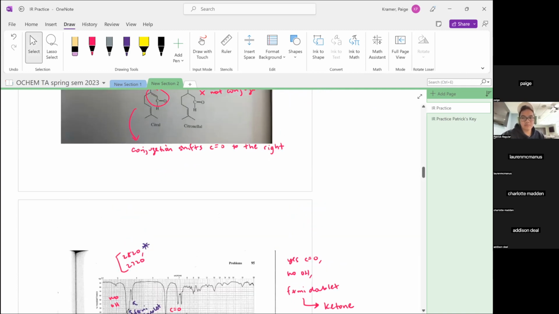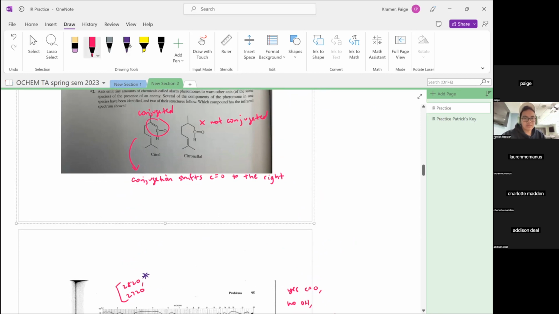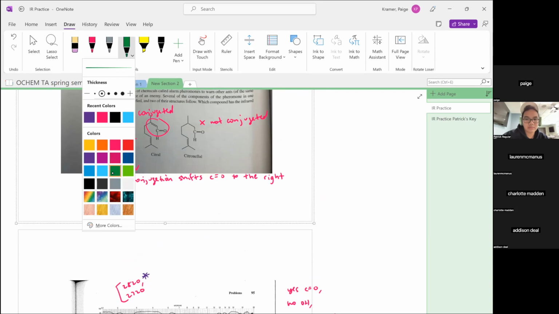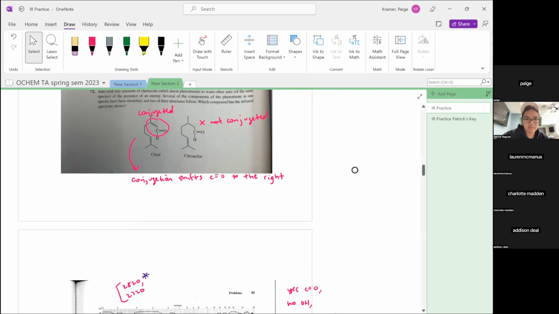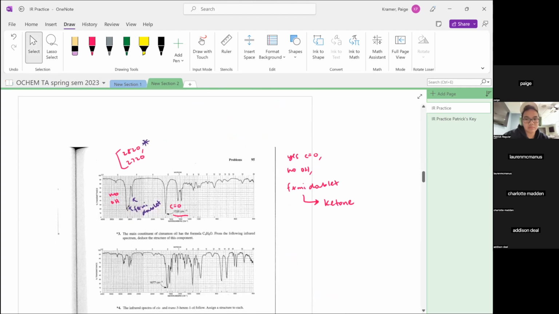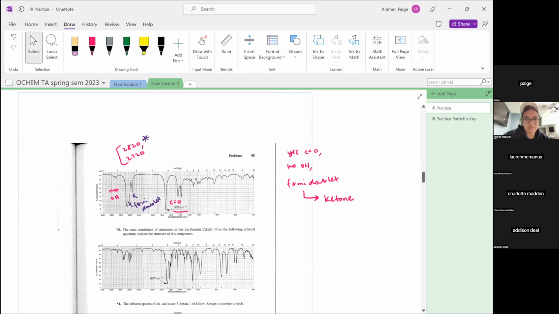That shows us we don't want the conjugated one, because that would shift our peak from 1720 more to the right, and our peak isn't that. So that means we have citronellal, which shows us it's not conjugated.